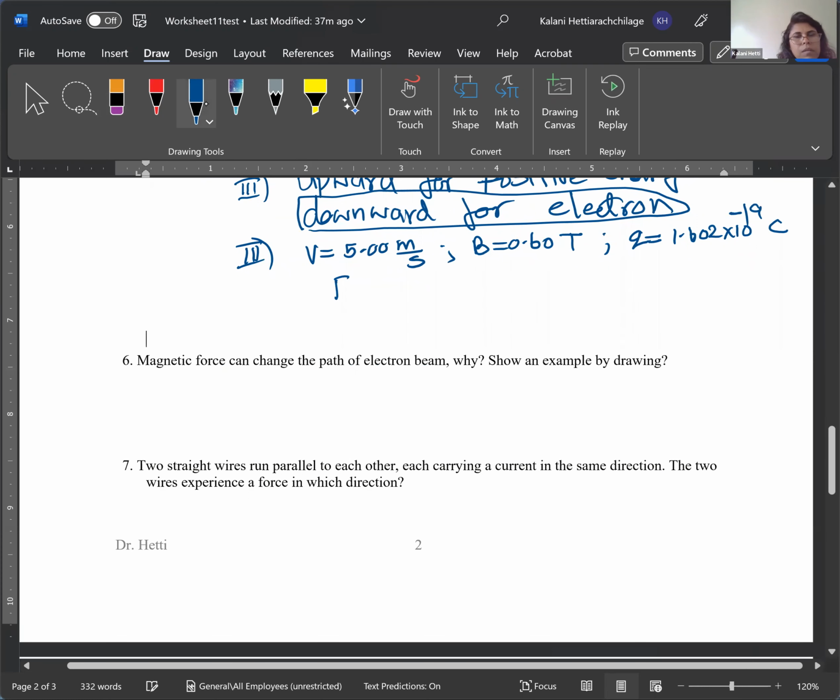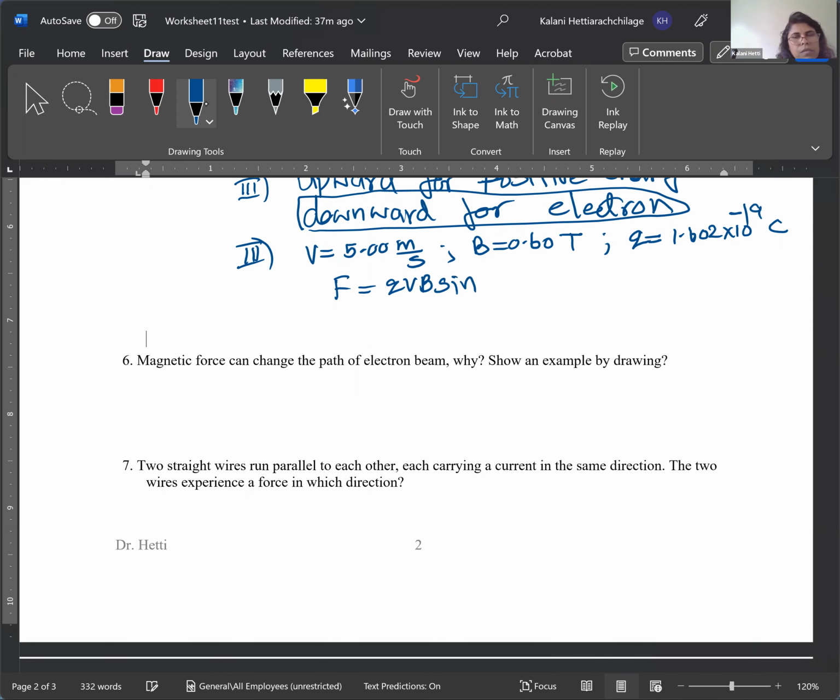F equals QVB sine of theta, and theta we know is 90 degrees in this case, right? So now we have 1.602 times 10 to the negative 19 times velocity 5 meters per second, B 0.60 Tesla, and sine of 90.